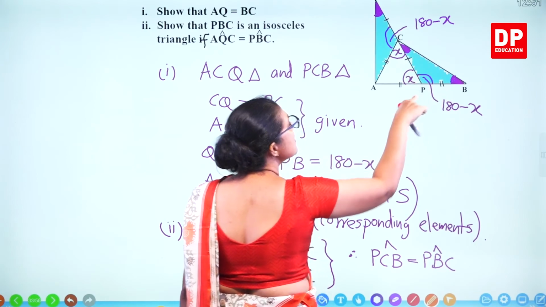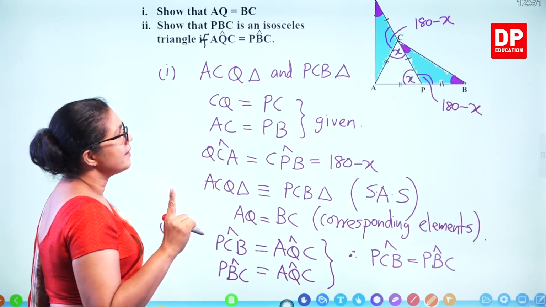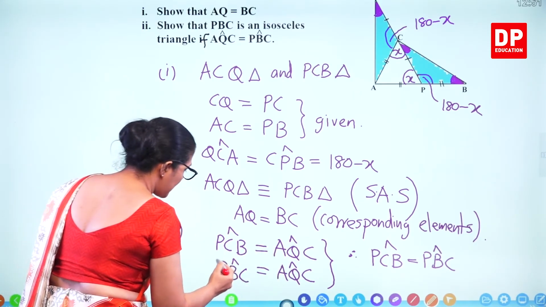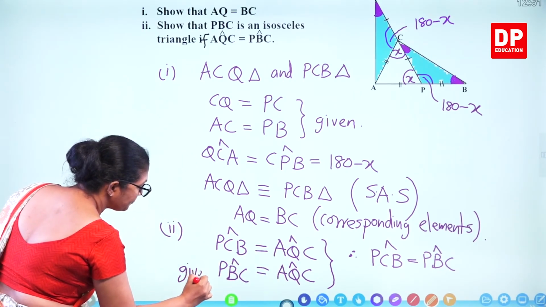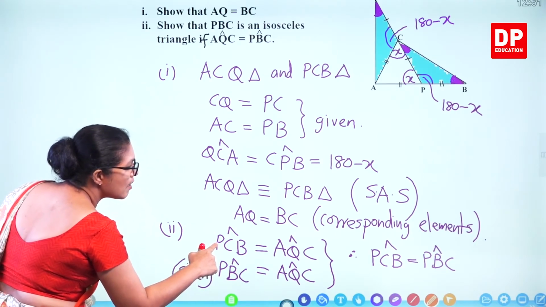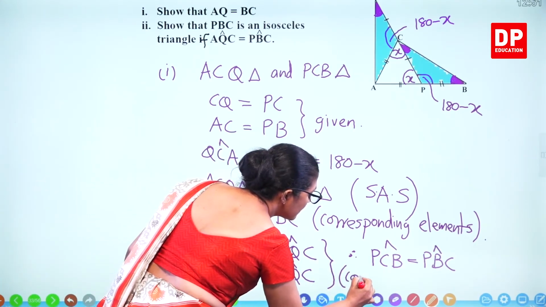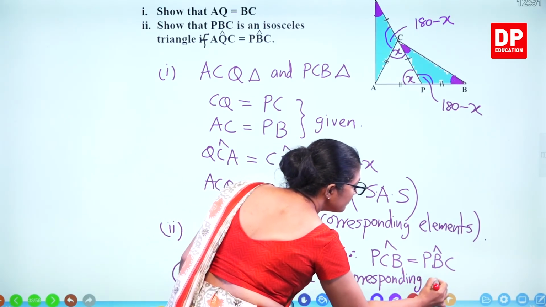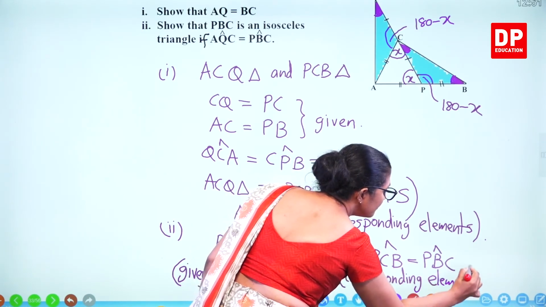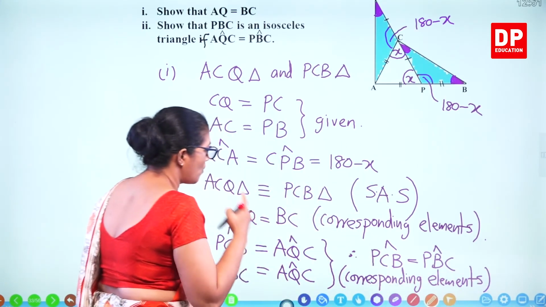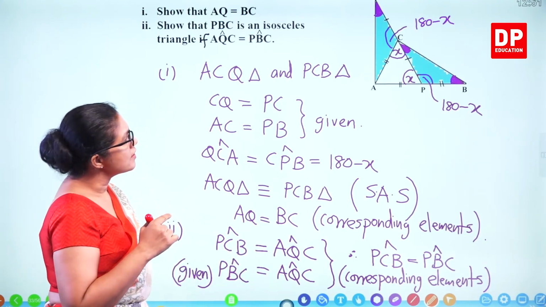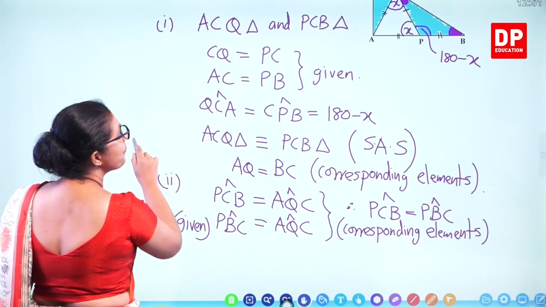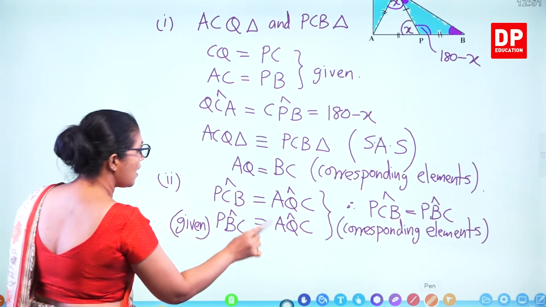So that means this is an isosceles triangle. You have to write this because this one is given in the question and this is from corresponding elements. Corresponding elements are equal. So that's why this is equal to this one. So we can straight away write down these are equal.